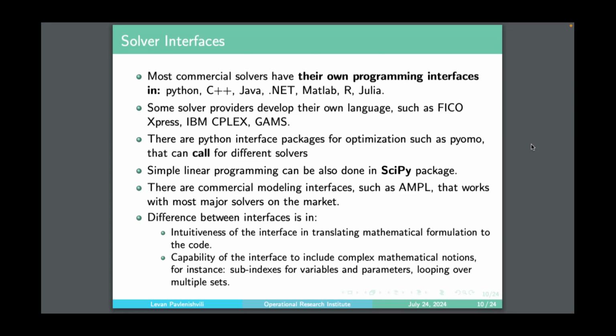SciPy has its own linear optimization, and it's using the HiGHS optimization. There's also a commercial interface package, AMPL, which you can learn in order to use all different optimization solvers.